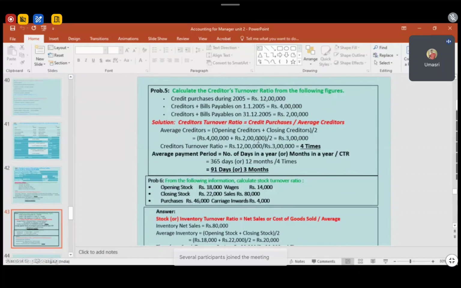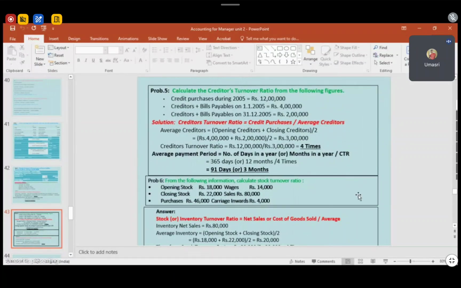Your opening and closing accounts payable, that means creditor plus bills payable is called accounts payable. 4 lakhs plus 2 lakhs divided by 2, that is 3 lakhs. So 12 lakhs divided by 3 lakhs, 4 times. Creditors turnover ratio is 4 times.